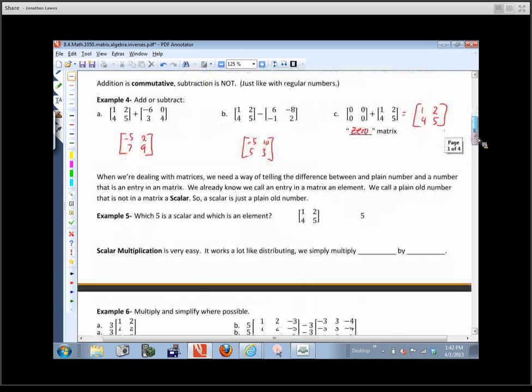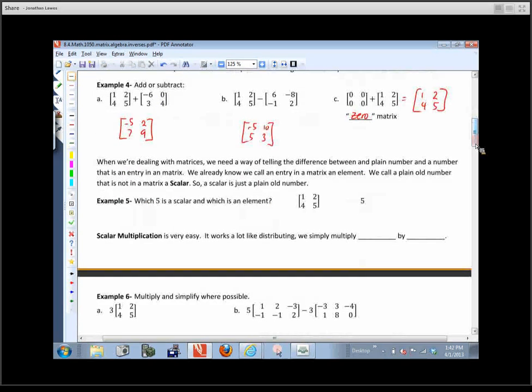Easy stuff, right? Okay, so we run into a difficulty when we start working with quantities that aren't necessarily plain old numbers. So we run into a problem like this. If I look at this example 5 right here, there's a 5 right here and there's a 5 right here. This one is not part of a matrix.